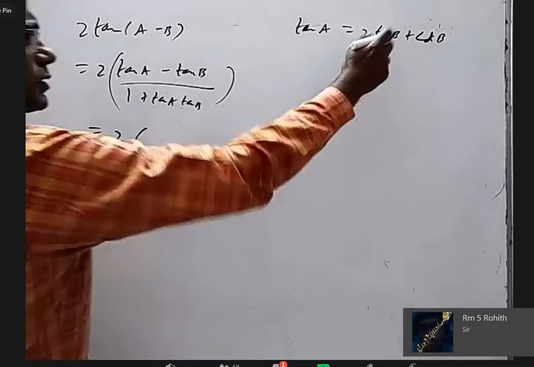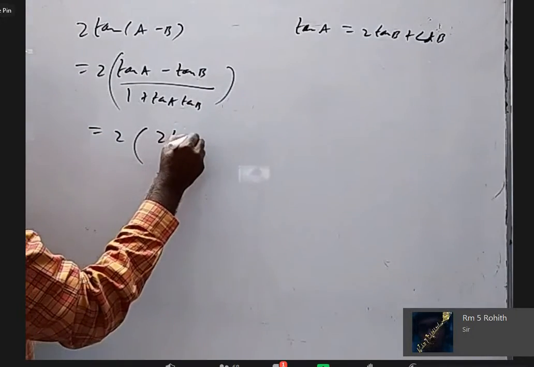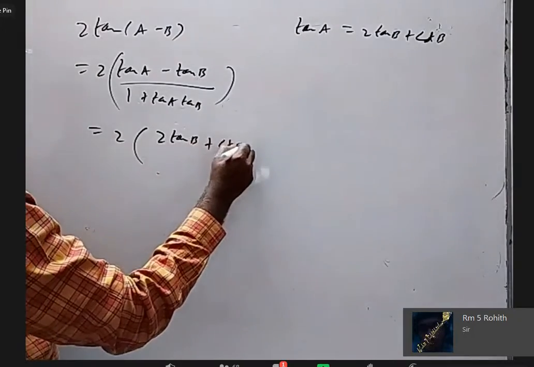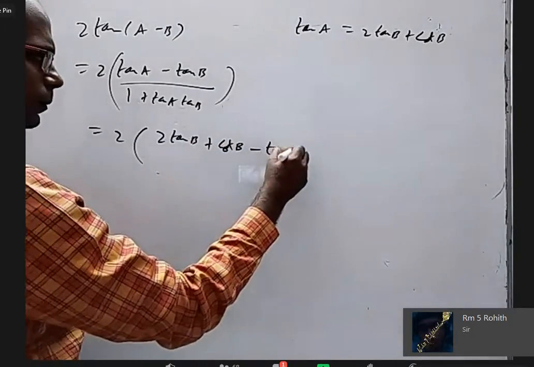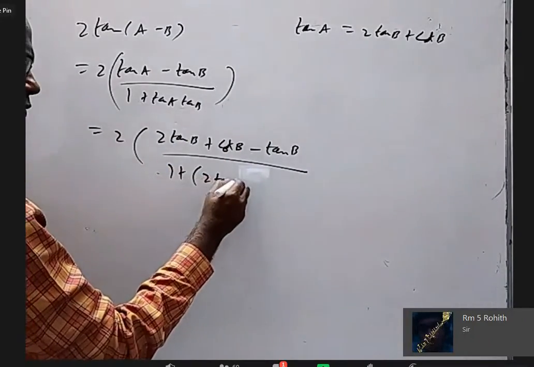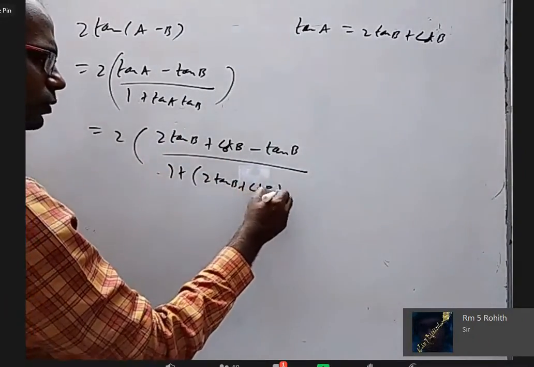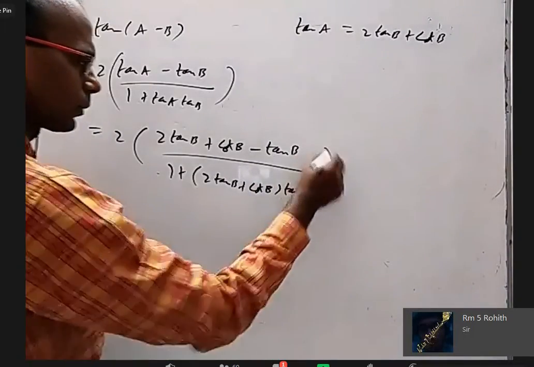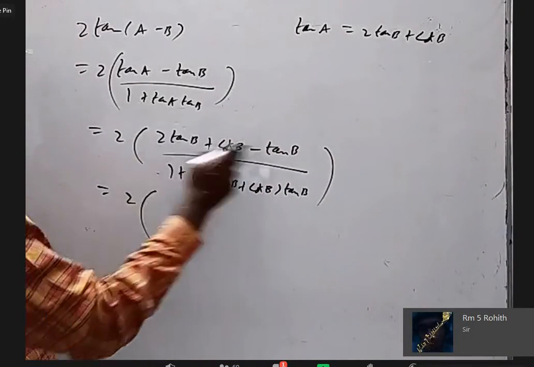Wherever tan A is, just substitute this: 2 tan B plus cot B minus tan B over 1 plus 2 tan B plus cot B into tan B.